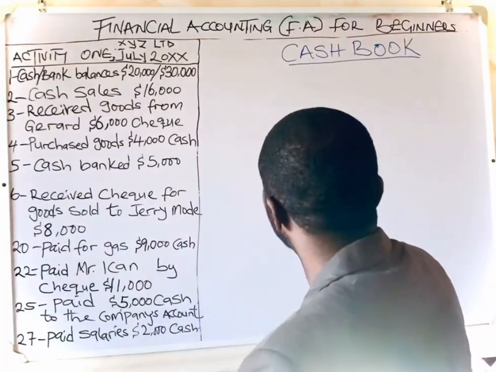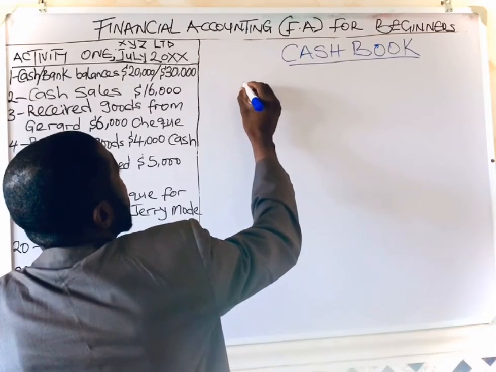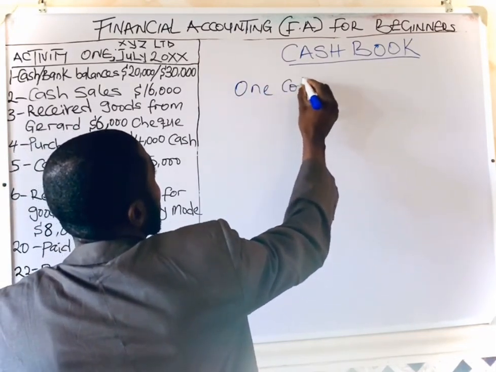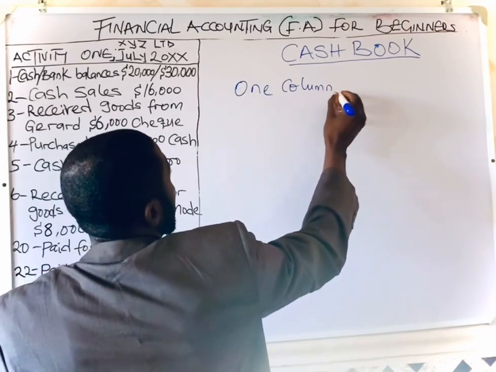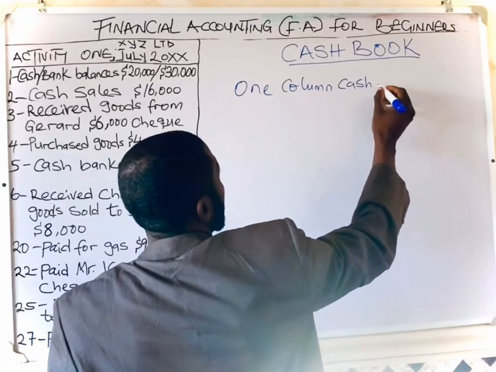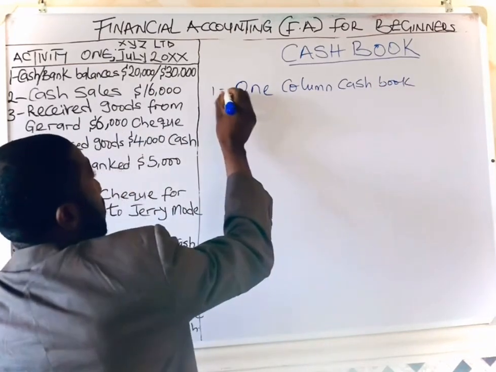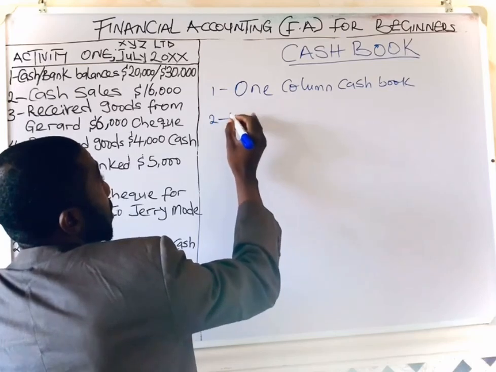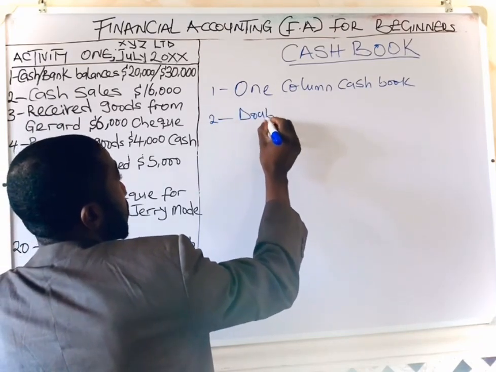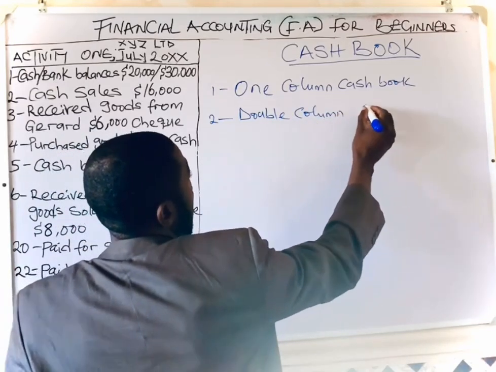The one column or columnar cash book. We have the two column or double column cash book.